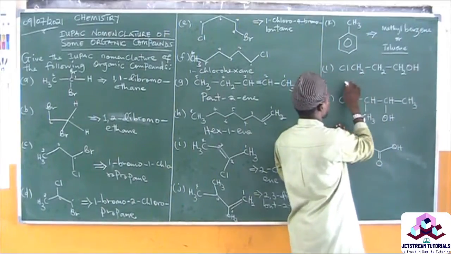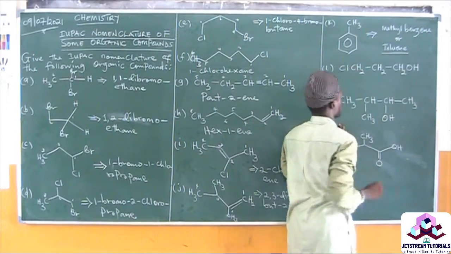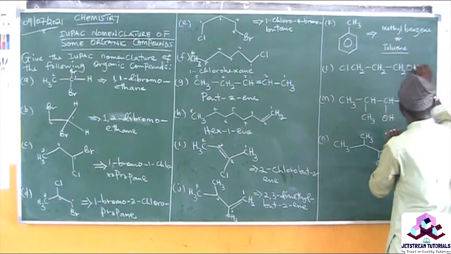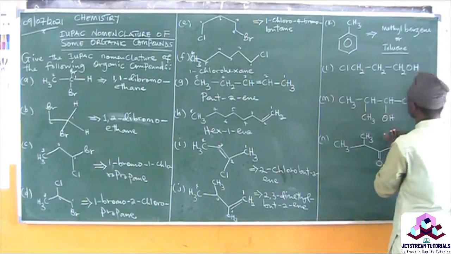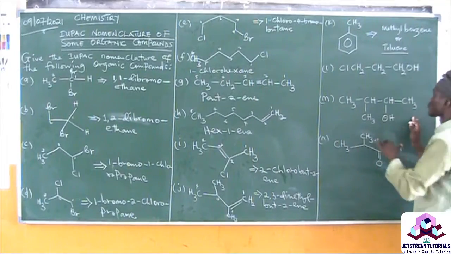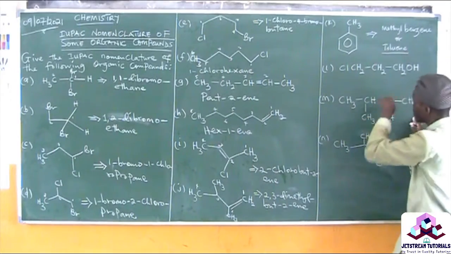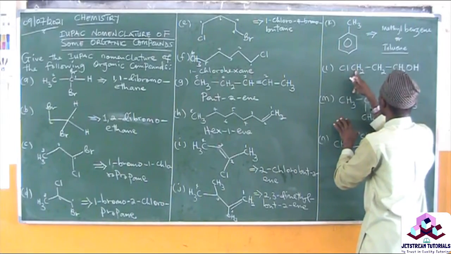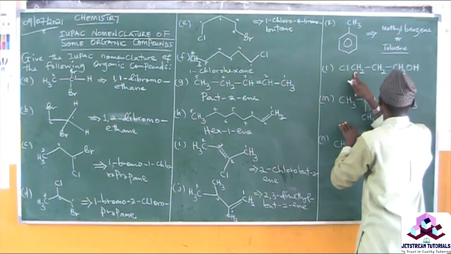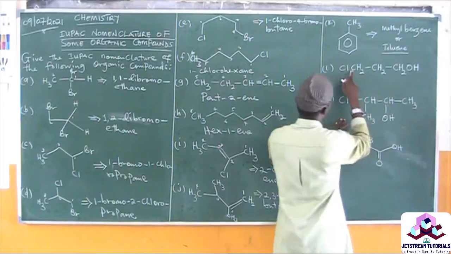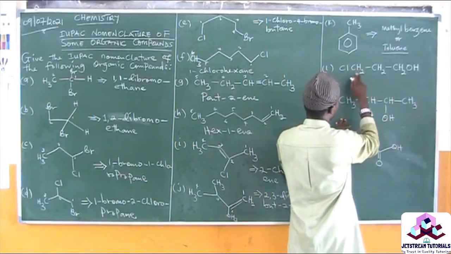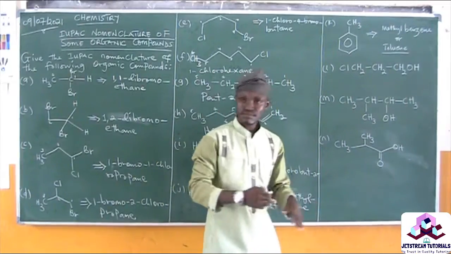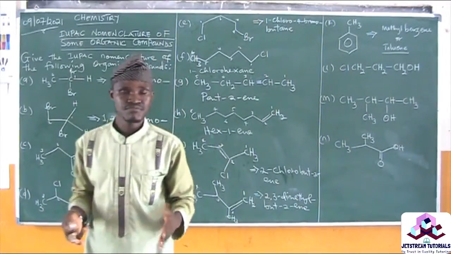Then coming to this one, we have an alcohol. The OH indicates that it is an alcohol. So how do we name it? Look at the chlorine atom attached to this particular chain. How many carbon atoms are present there? 1, 2, 3. So the parent name here is propanol.